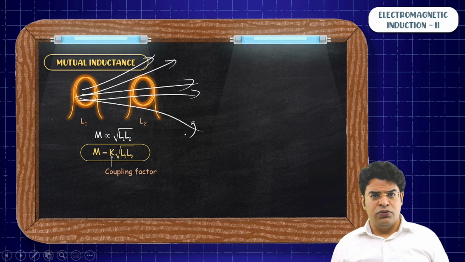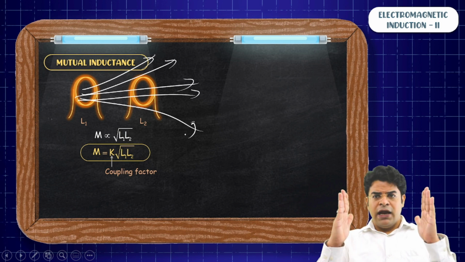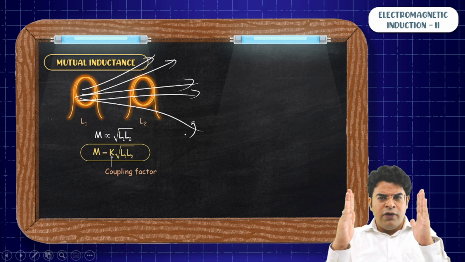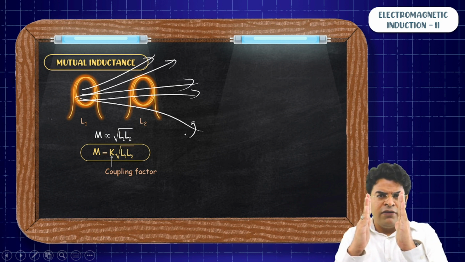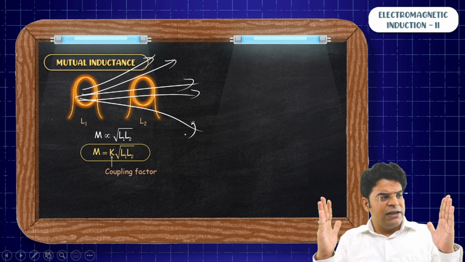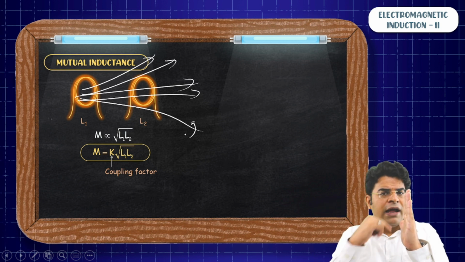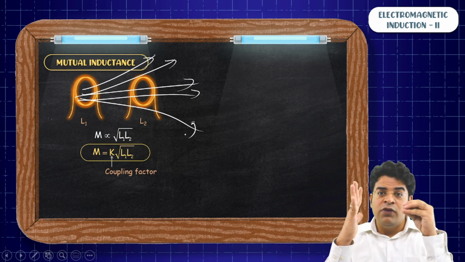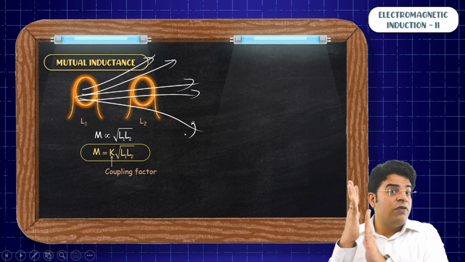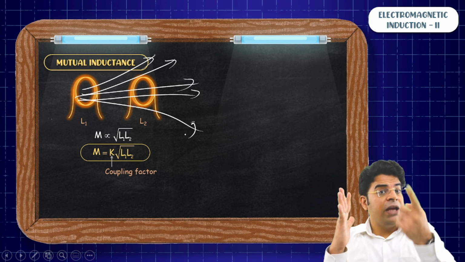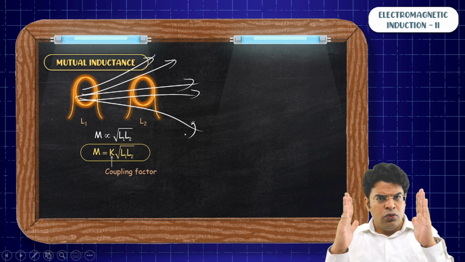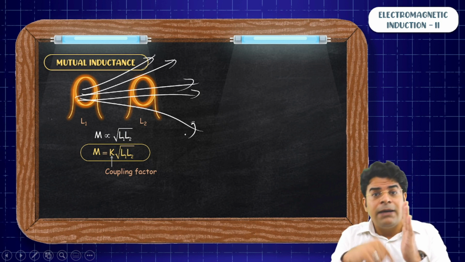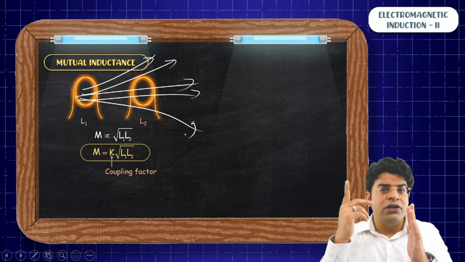If I have two coils and I place them this separation apart, and then this separation apart, you will say that when they are closer, on driving the current in one, the number of magnetic field lines passing through the second one will be higher. So the flux linked with the second one will be higher, so the mutual inductance will be higher. If you place the same two coils closer, more flux will be linked for the same current, so you will get higher mutual inductance.